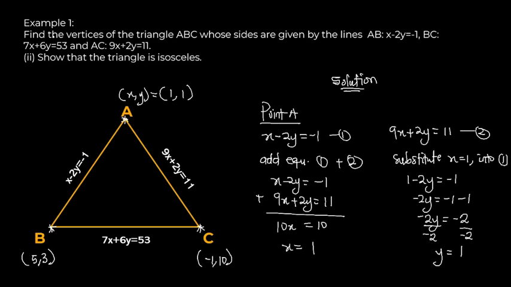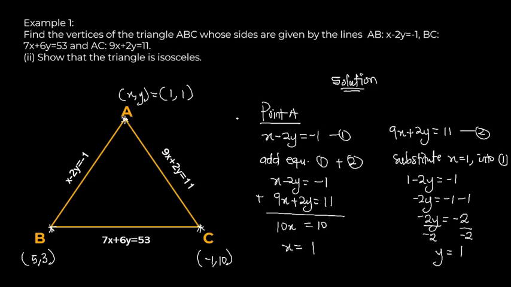So that completes the first aspect of this question, which demands that we find the coordinates of these vertices. Now the second aspect says that we should show that the triangle is isosceles. Now an isosceles triangle has two of its lengths being equal.